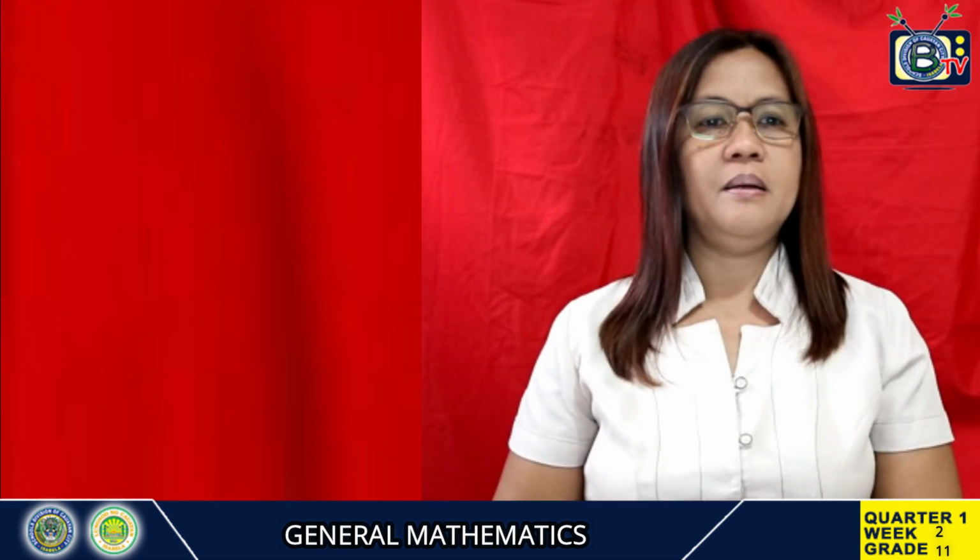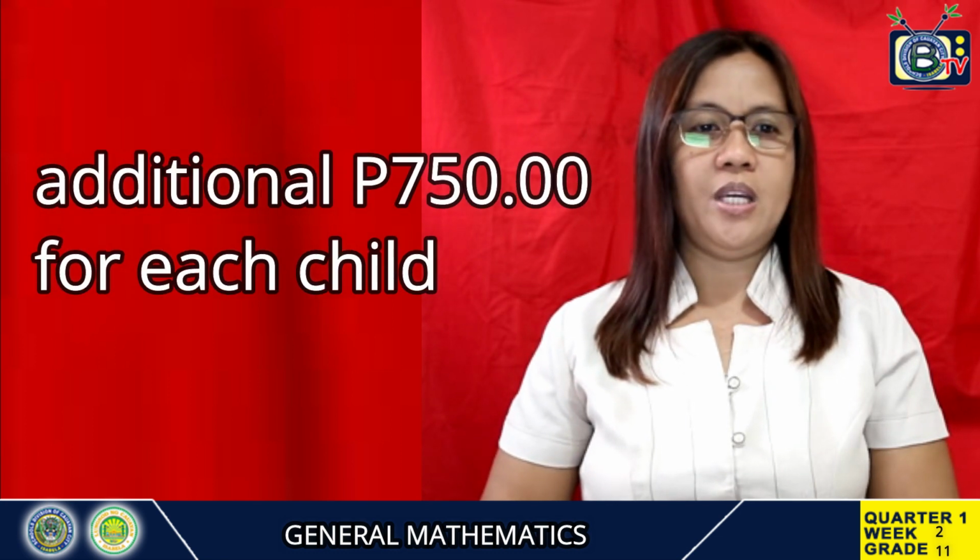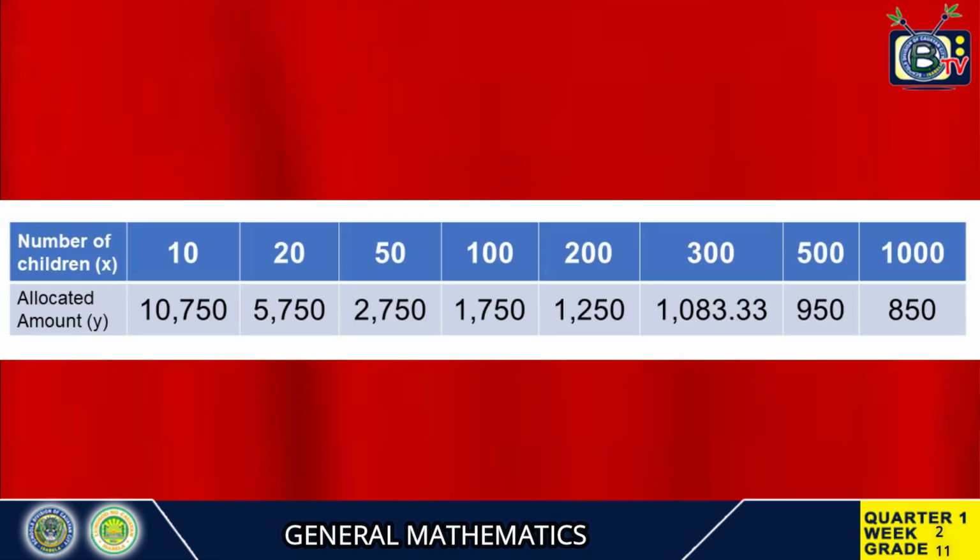So we have here the number of children for x and the allotted amount for y. Since the philanthropist will give an additional 750 pesos for each child, for the number of children, which is 10, the allotted amount now will be 10,750 pesos. For 20 children, yes, it's 5,750 pesos.